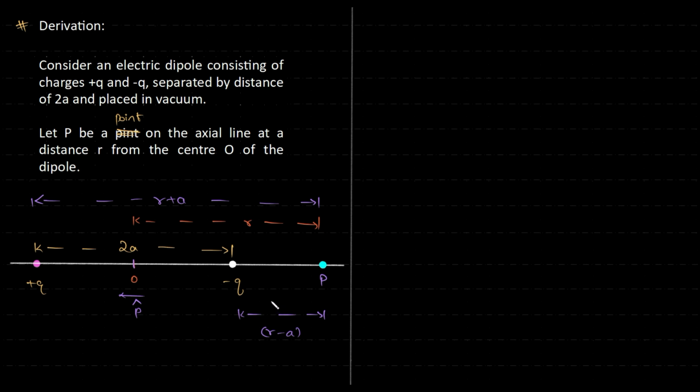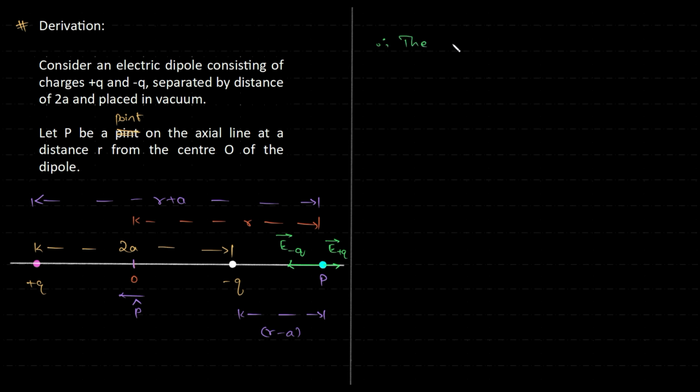It's quite simple. Now, what is the net field over here? Well, the negative charge pulls while the positive charge pushes. So E due to positive Q is pushing and the electrical field due to negative Q over here is pulling. So what is the net field?